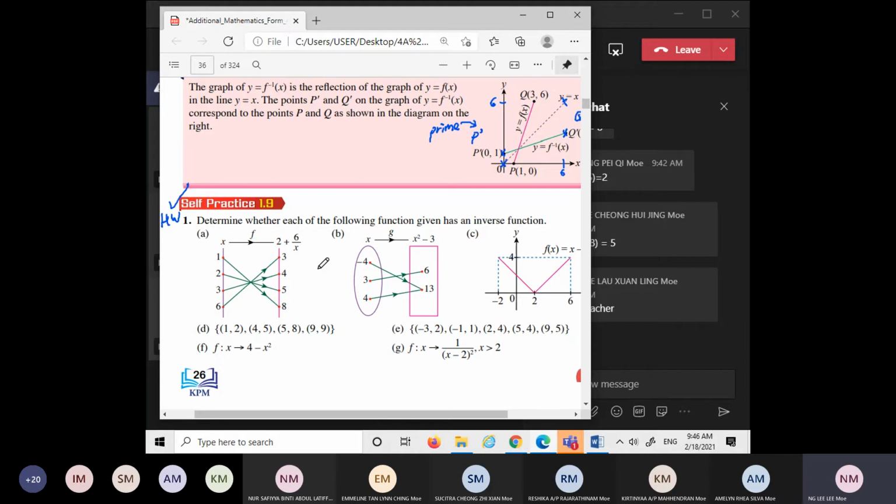Yes. Okay, why? Because this is a one-to-one function. Very good. So this is 1-to-1. That's why it has an inverse function.